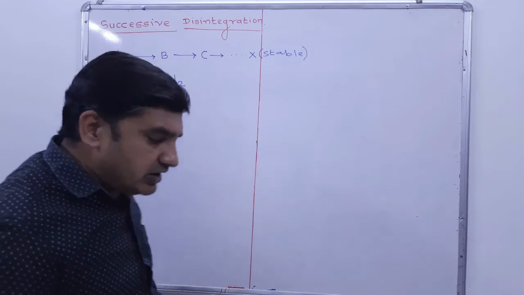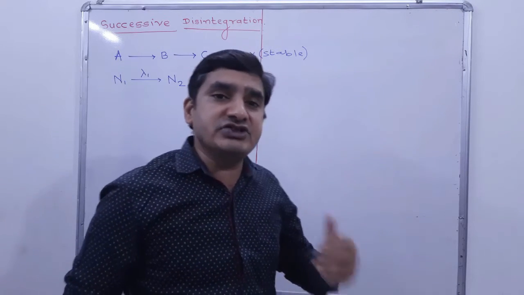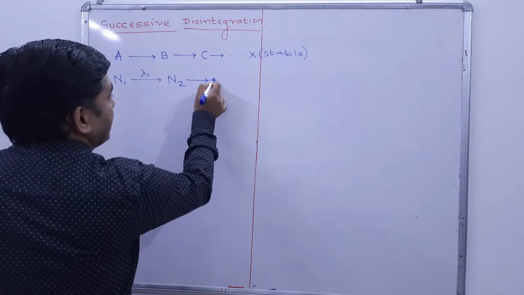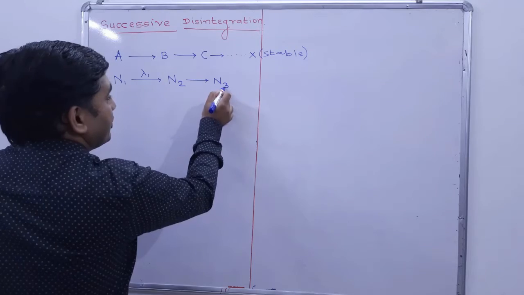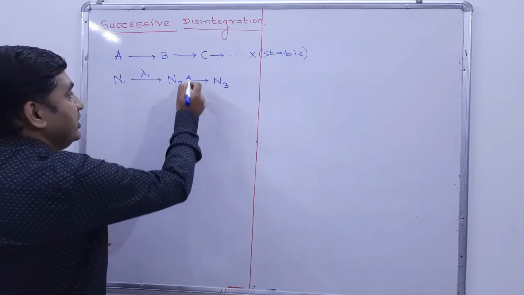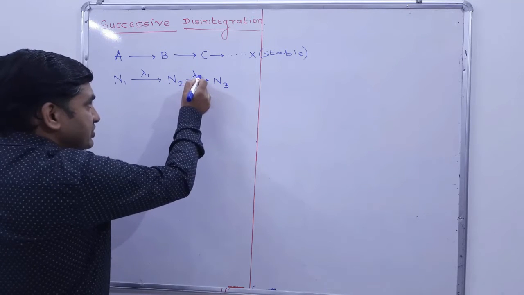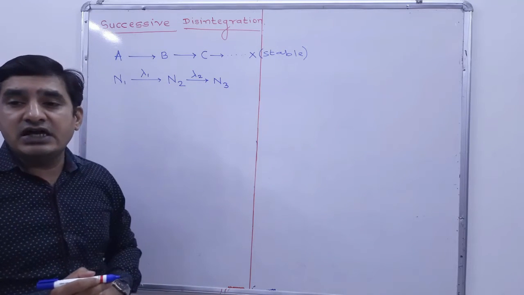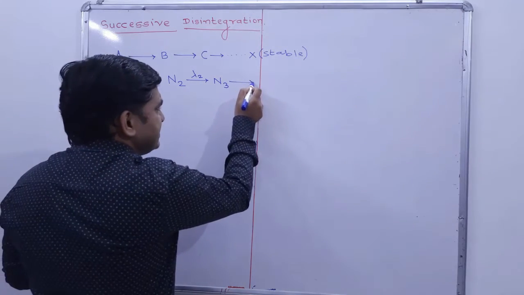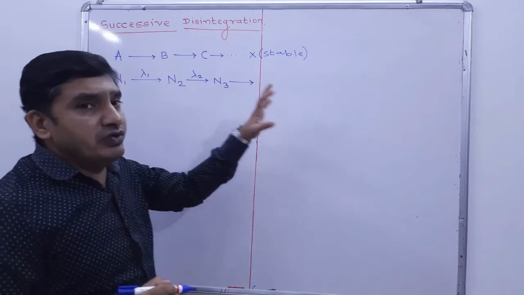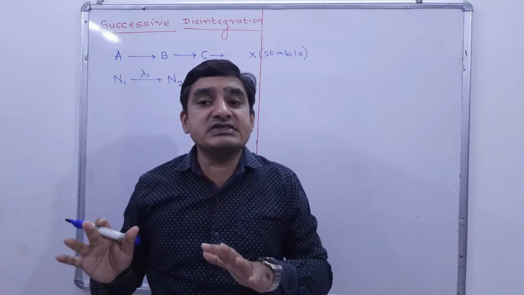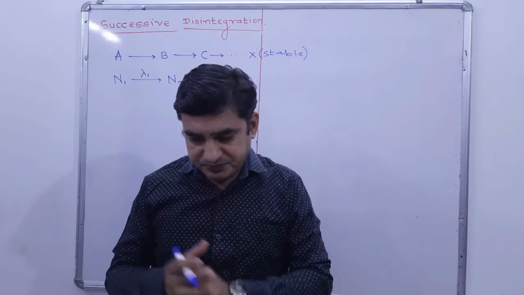Now this daughter atom also disintegrates and we obtain a new daughter, which has radioactive nuclei N3. The decay constant for this daughter is lambda 2. This process is carried on until the last end product is a stable end product.